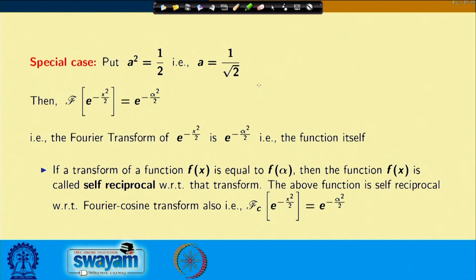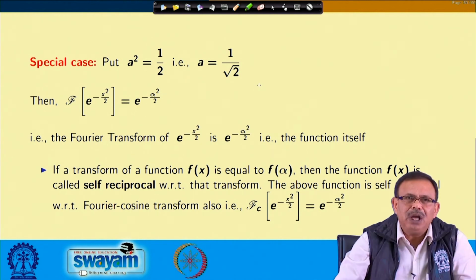And as I told, e^(-x²/2) is self reciprocal with respect to the Fourier transform as well as with respect to the Fourier cosine transform, since the Fourier cosine transform of e^(-x²/2) equals e^(-α²/2).